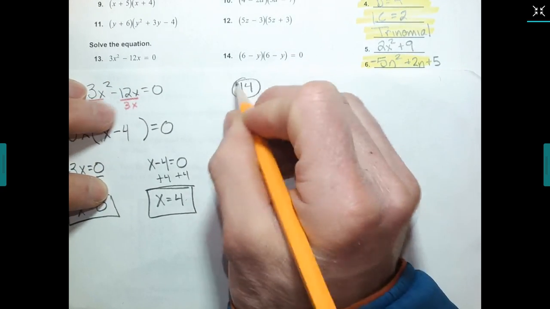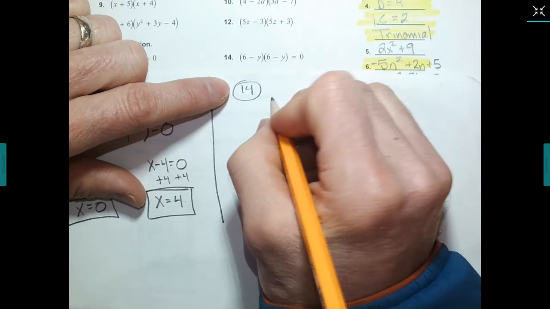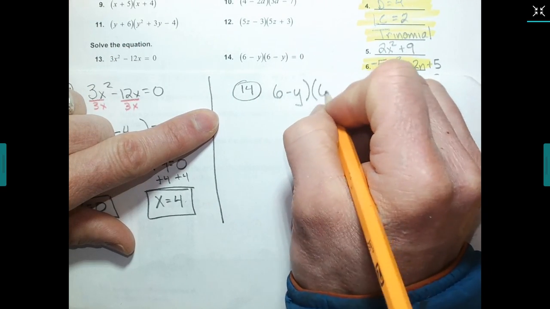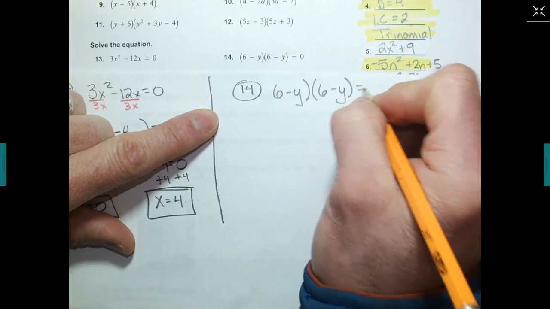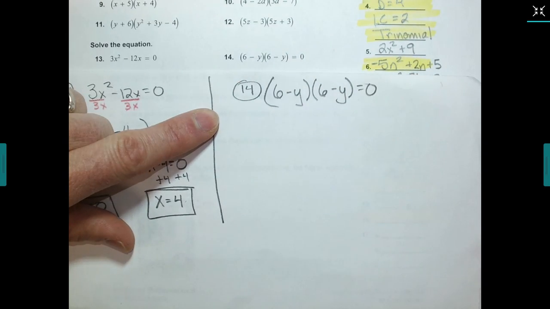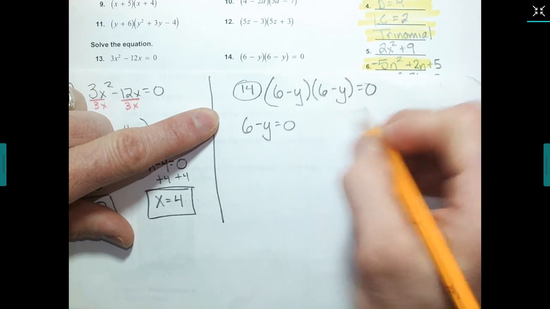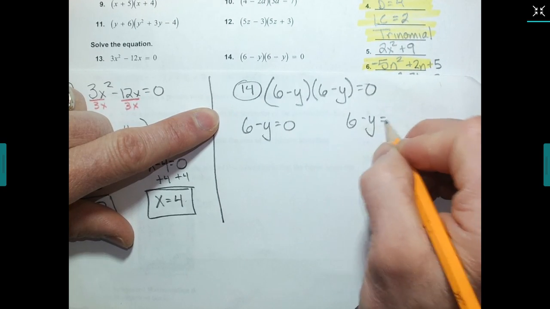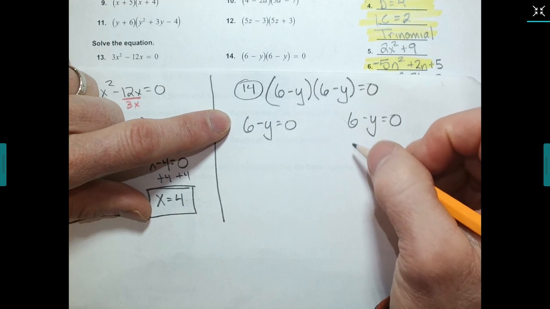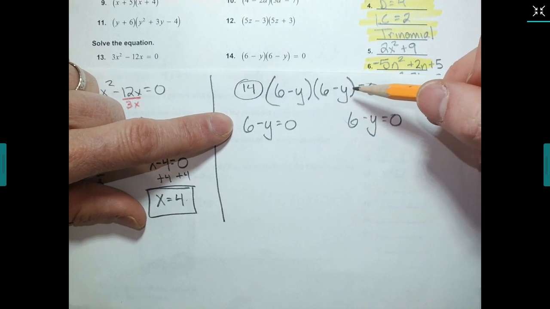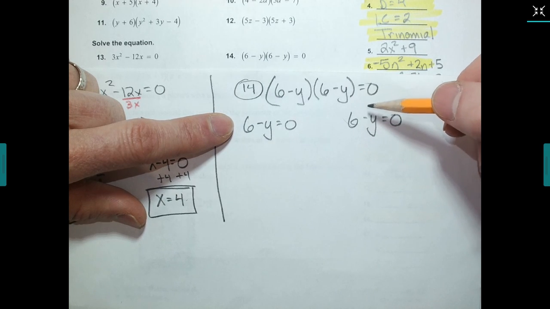14. I have 6 minus y times 6 minus y equals 0. So separate them into equations. Now, I know they're exactly the same, but I'm doing this because there was one in our homework that looked very similar, and some folks only did it once, and they got it incorrect.